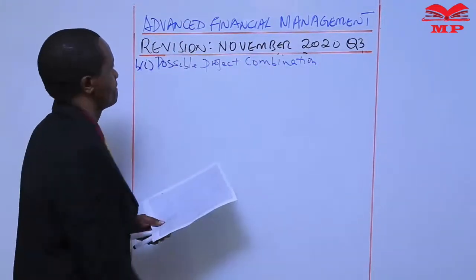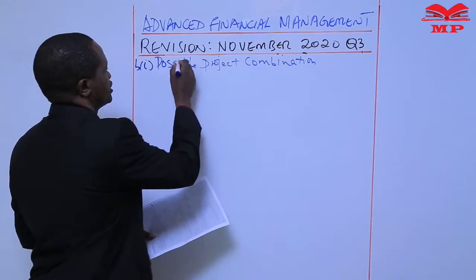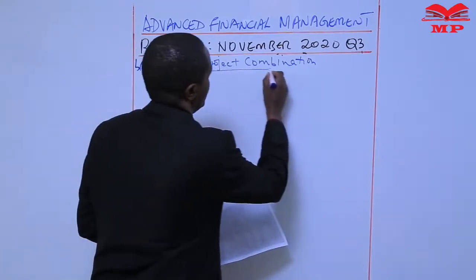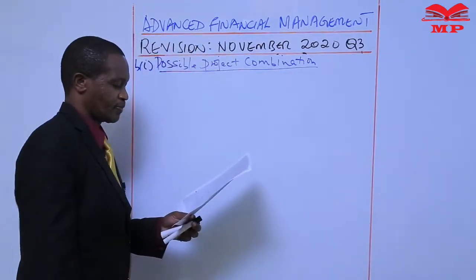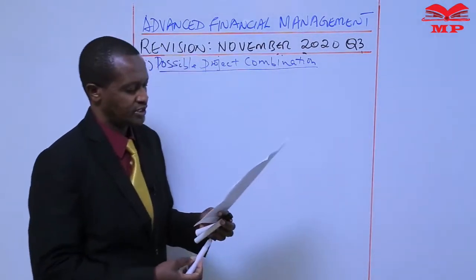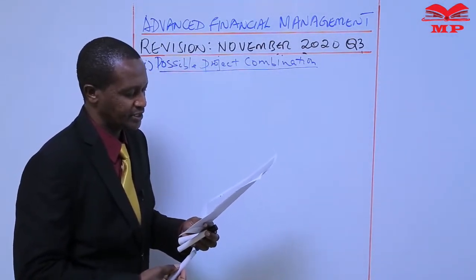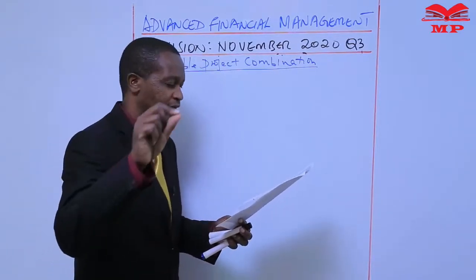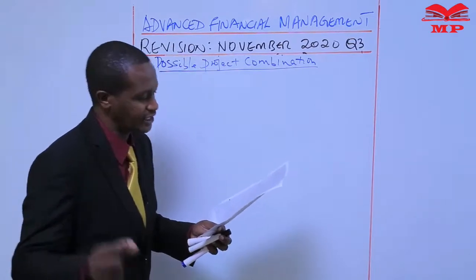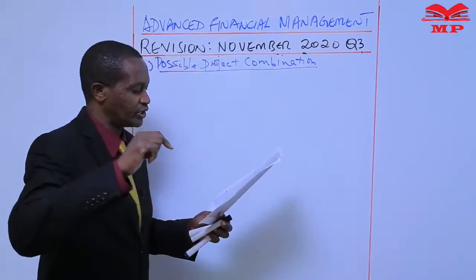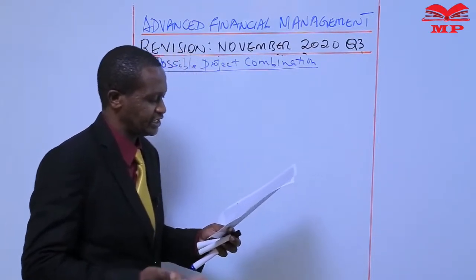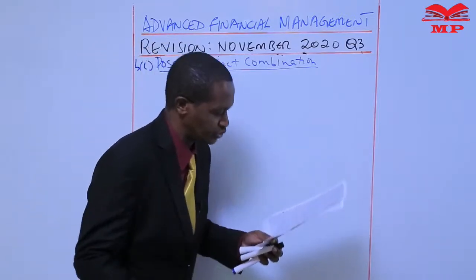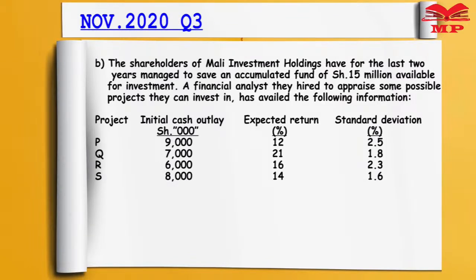The question does not give this project combination. We are told that the management is planning to invest by pairing. And this company has a limit on capital as indicated in additional information number 2, that the maximum capital that can be invested is the accumulated fund.